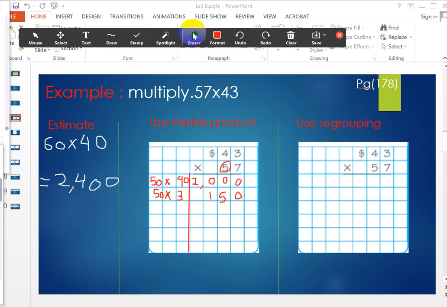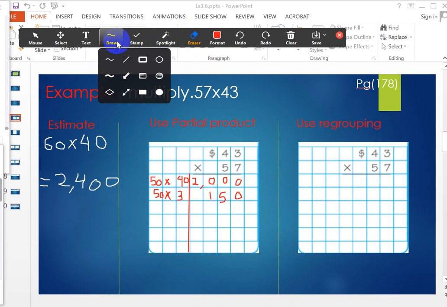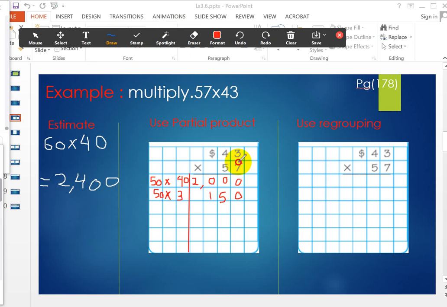So the second step, I have to multiply what now? 7 in the ones digit with both numbers. First thing, I will take the 7 and multiply it with 4. The value of the 7 equals the same number, 7, and the value of the 4 in the tens digit equals 40.